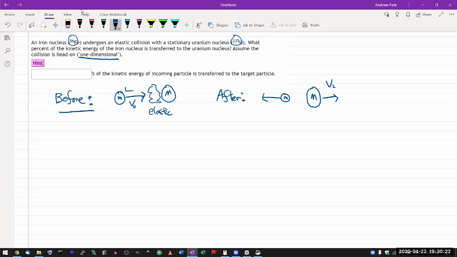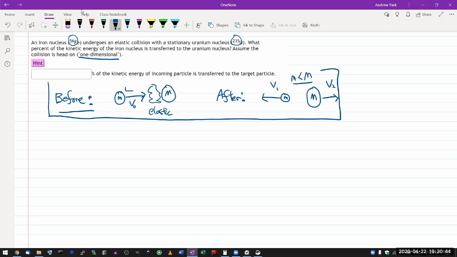And if you have correct intuition, you realize the incoming mass will bounce backward to the left because small m is lighter than big M. If you don't have that, great, it's fine. You can still move on without getting this part necessarily right. But this kind of diagram is useful for getting a full sense of what's going on physically in this setup.